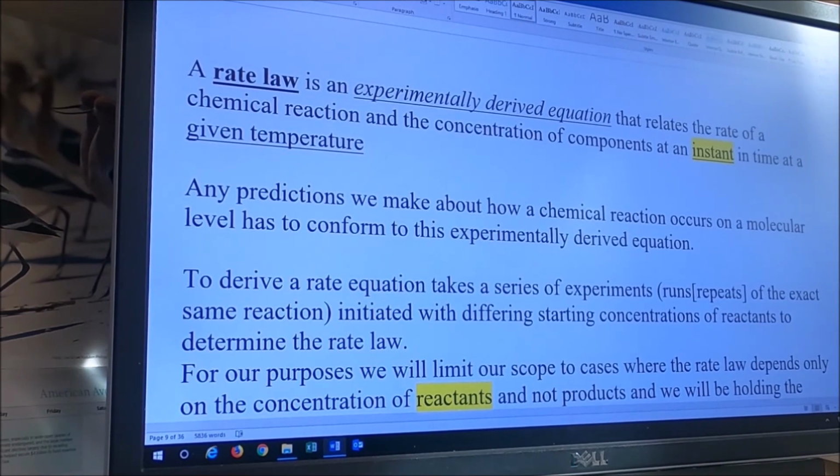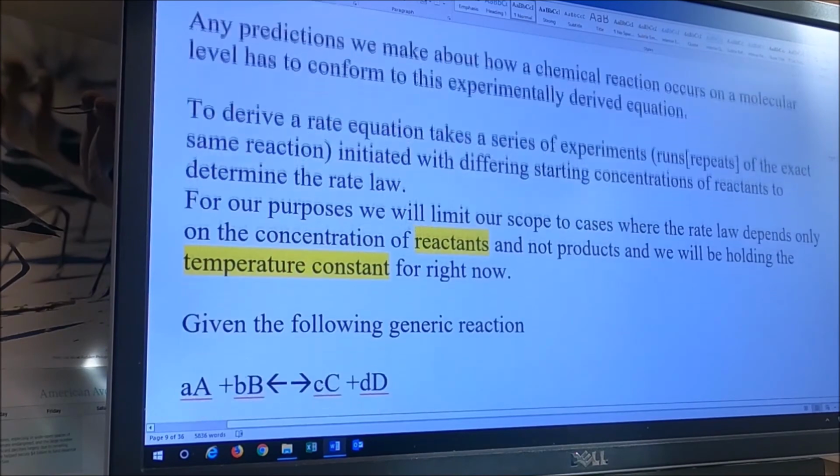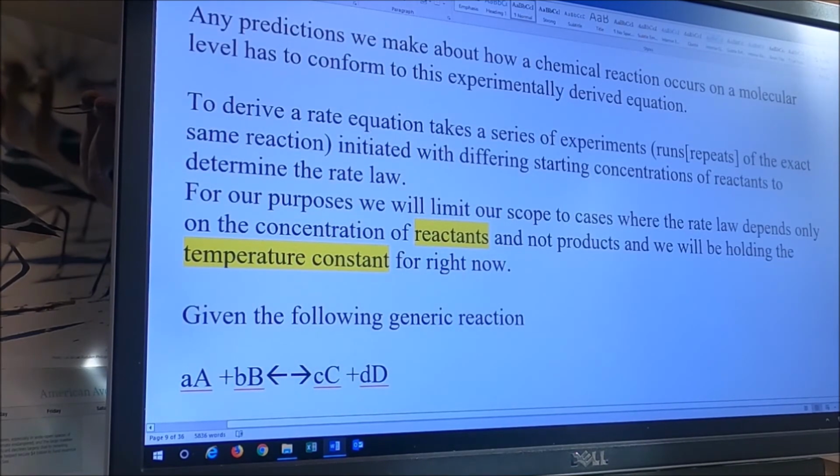This is a snapshot equation. It tells us what's happening at one instant in time. It's going to help us to predict things that are happening at the molecular level. And any predictions we make have to conform to the experimental rate law.